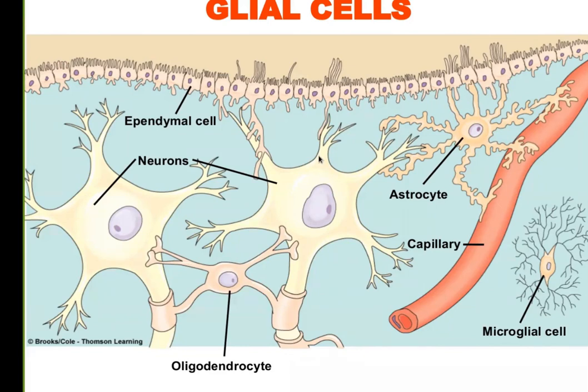But nowadays, we talk about additional functions of glial cells. For example, we have astrocytes. It's one type of glial cells which is usually placed between small vessels and neural cells. Astrocytes realize an immune function.